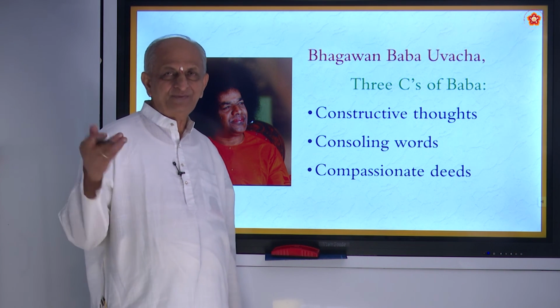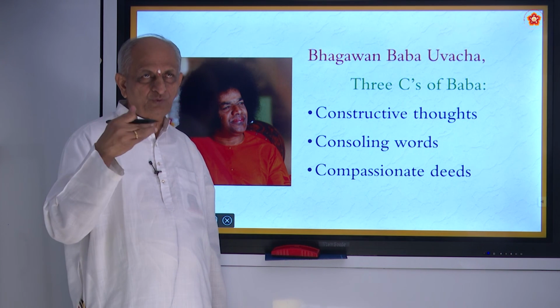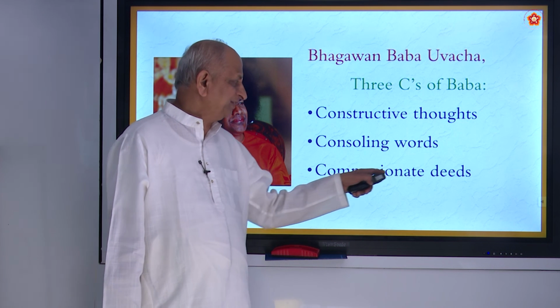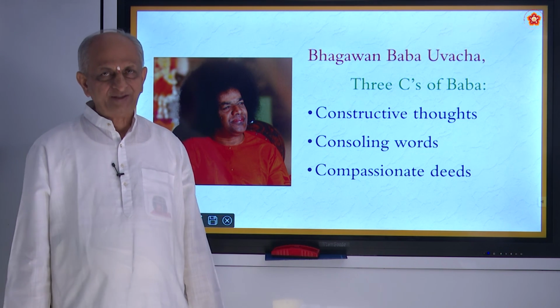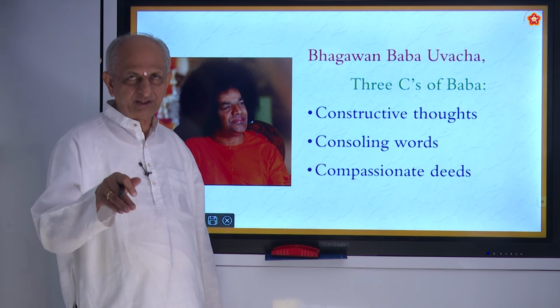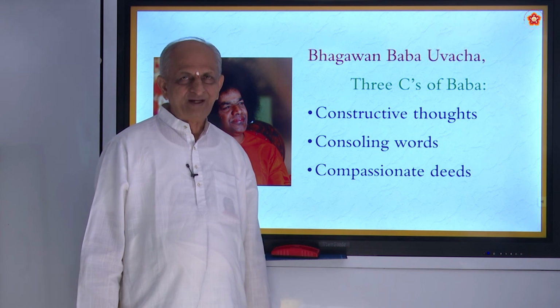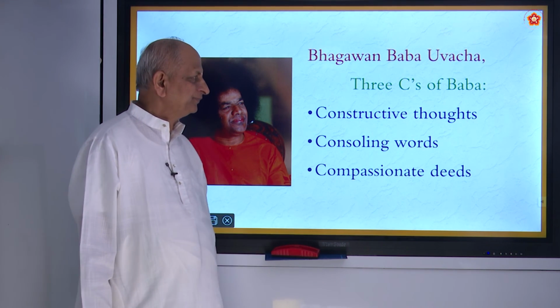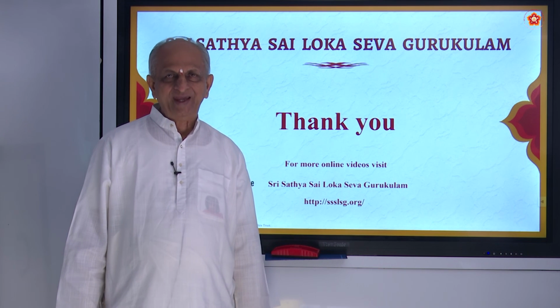Some directly, some in dreams, and some through the words of the books. And compassionate deeds. His actions are also very, very compassionate, creating vibhuti and giving to the patients, patting on the back, and so on. So that is what you have to learn from him, and you have to practice it also. Will you come prepared? Thank you.